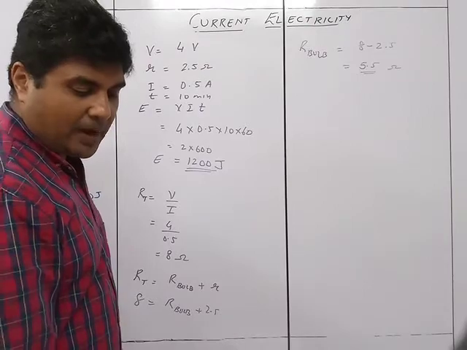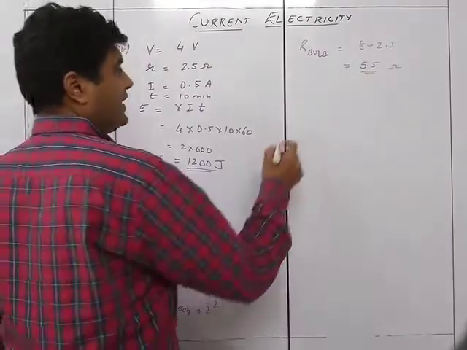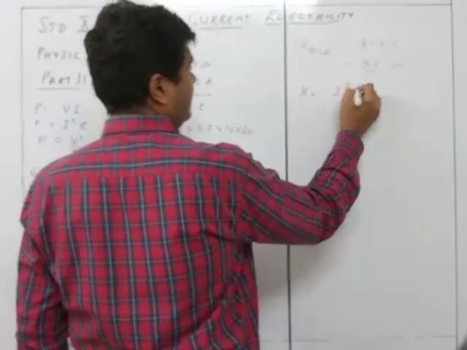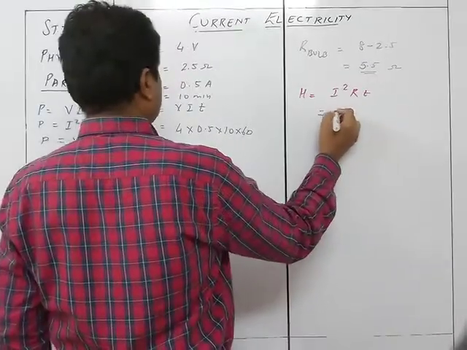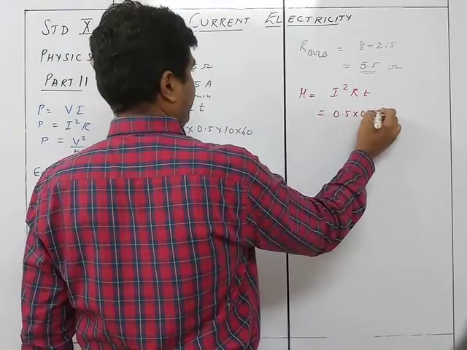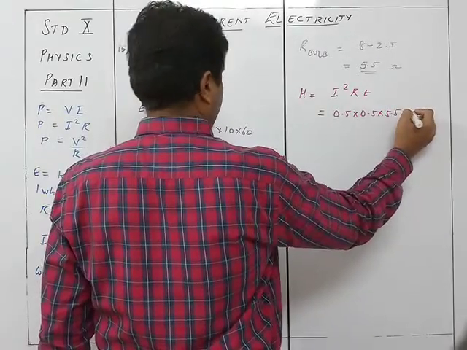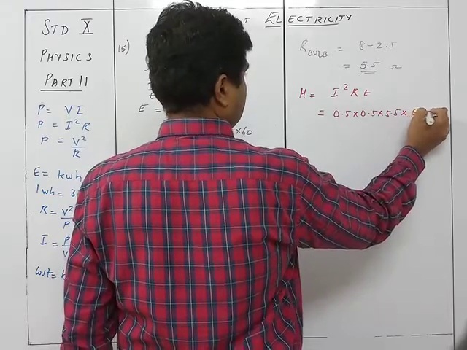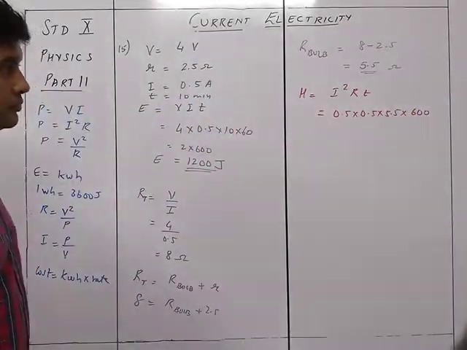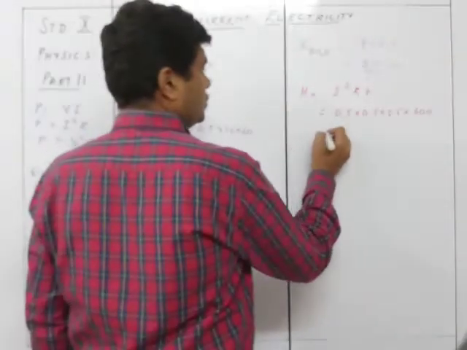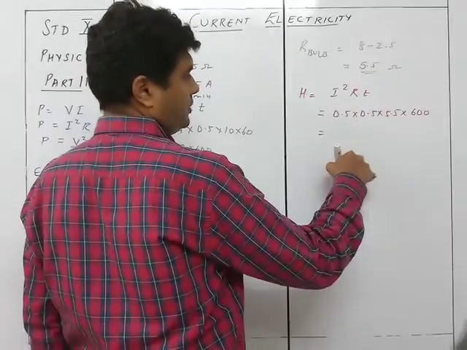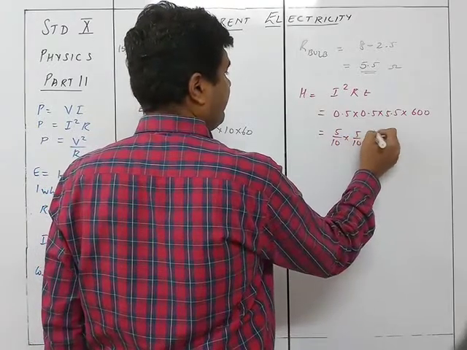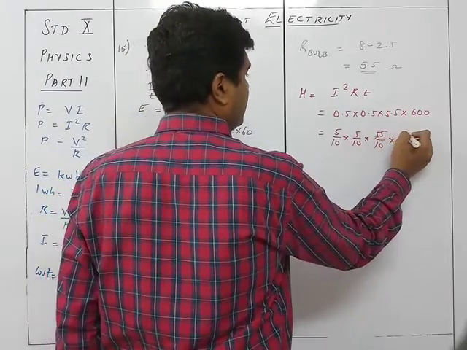Energy dissipated in the bulb in 10 minutes. So the energy dissipated in the bulb, the heat energy, is I square RT. I is 0.5 into 0.5 into 5.5 into T, which is 10 minutes, so 600. So 0.5 is 5 upon 10, into 5 upon 10, into 5.5, into 600.